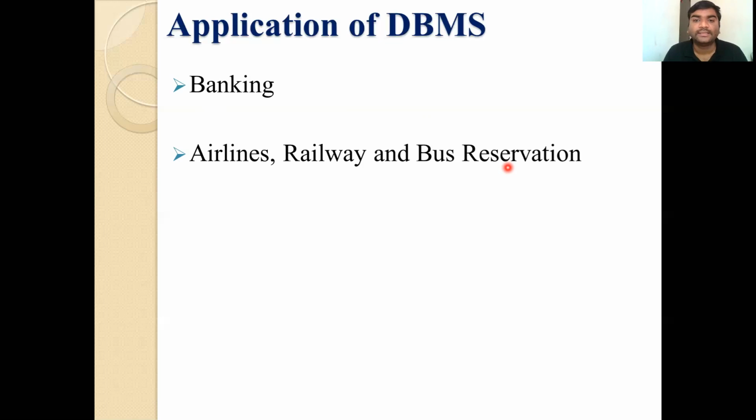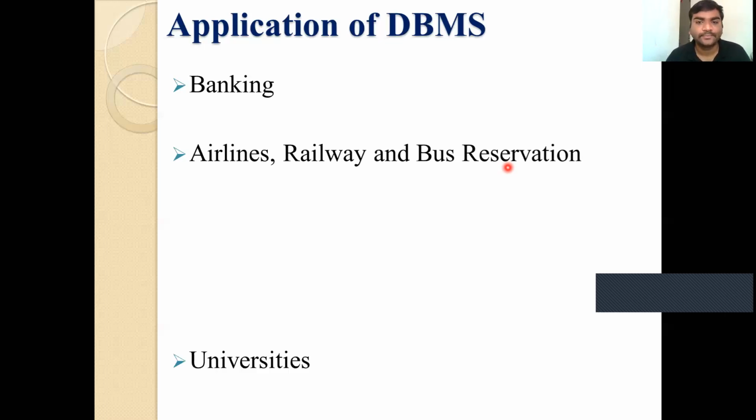It asks you to enter your personal details, your starting point, where you have to go, and the date of your journey. Then it shows the available tickets. You can book your ticket as per your choice and make a payment. This is possible only because of the database management system.